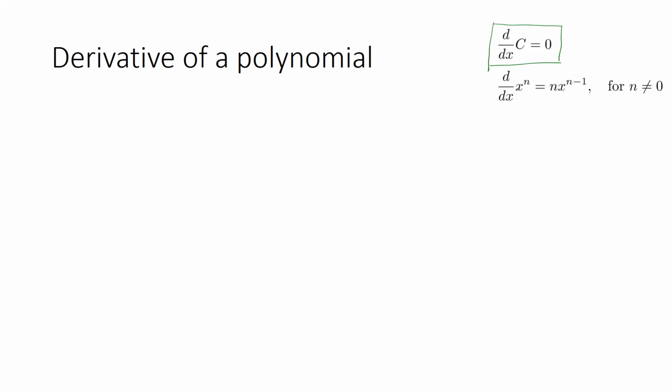And the derivative of x to a power n, where n is a natural number, is equal to that number times x to the power n minus 1. So the number minus 1. And that rule is true when, what am I trying to say here? When n is different from 0.